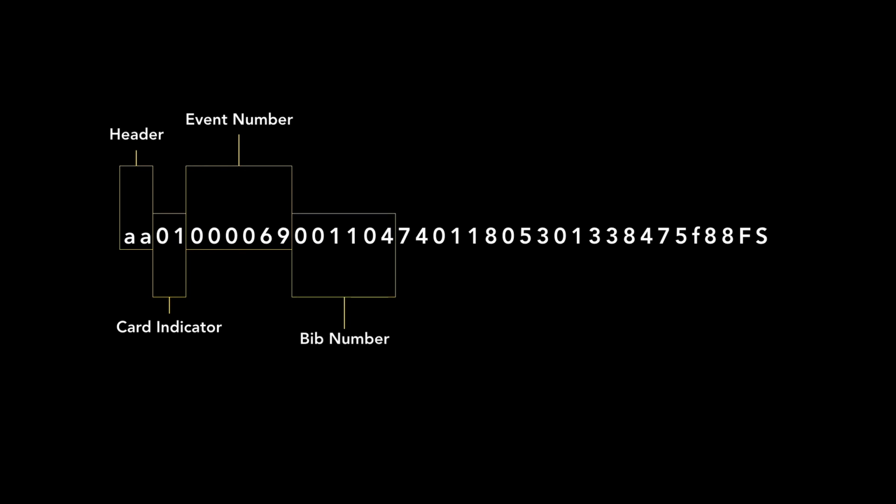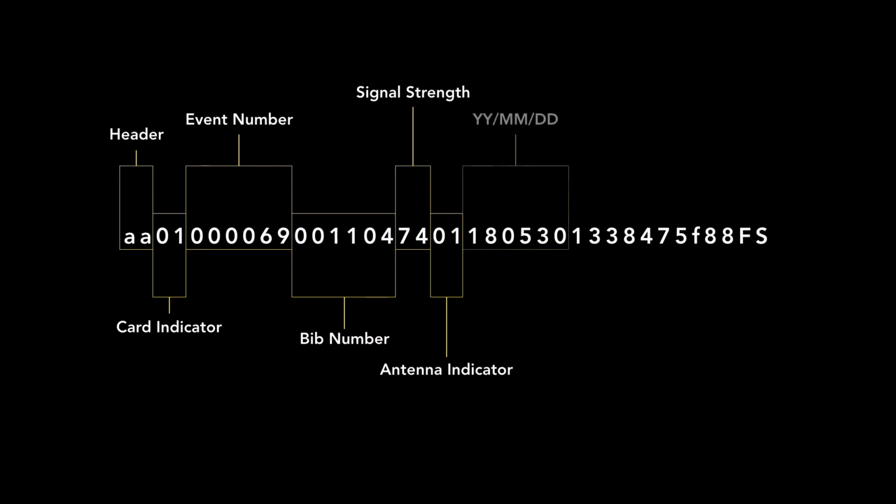Then there's a byte that denotes the signal strength that the tag experienced when it is read. There is an antenna byte or antenna indicator that will tell you from which antenna the tag was picked up. Then we have the date stamp, which is the year, month, and day.